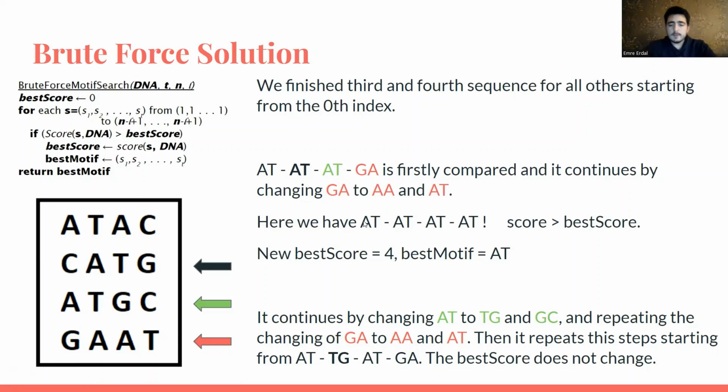So here we have AT, AT, AT, and AT, where in the first sequence it starts from 0, the second it starts from 1, and third 0, and in the fourth sequence it starts from the third index.